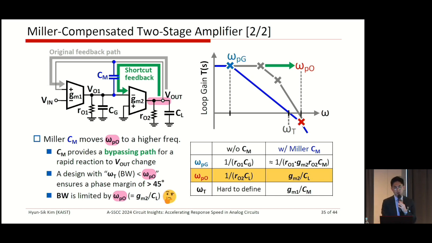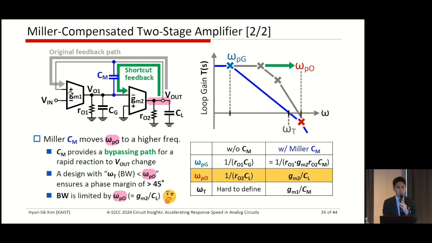The Vout change is fed back into the input side, right? The reaction to the Vout is originally performed by the second stage and the first stage, right? This is the original feedback path.